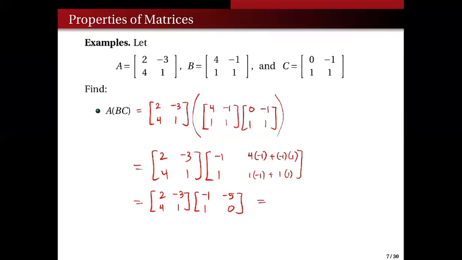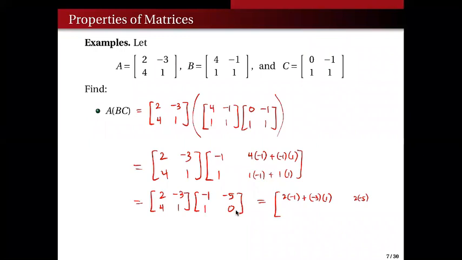And then let's multiply this. 2 times negative 1 plus negative 3 times 1. So first row, first column. And then first row, second column. 2 times negative 5.